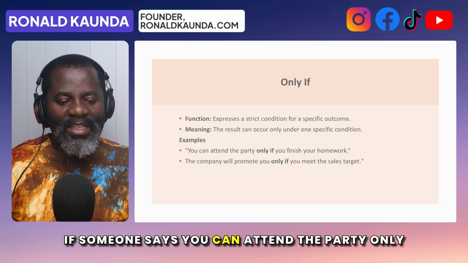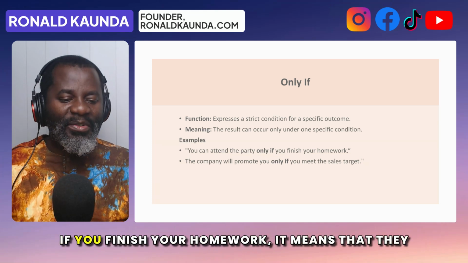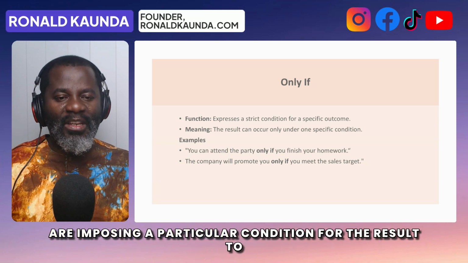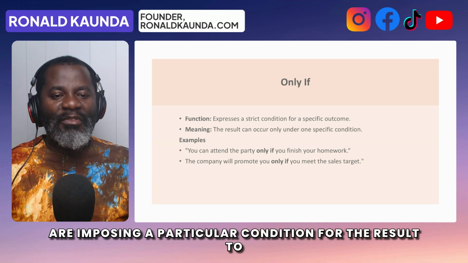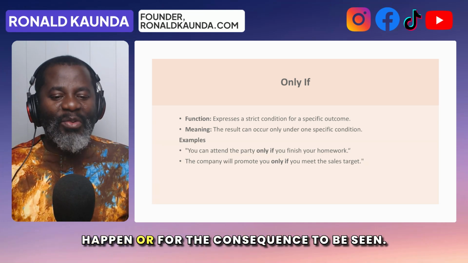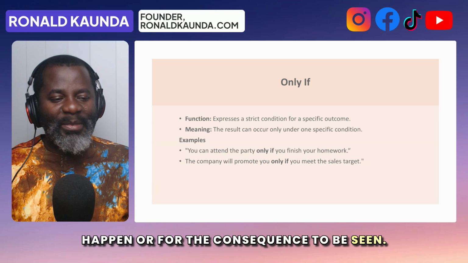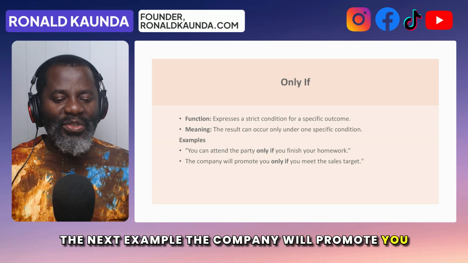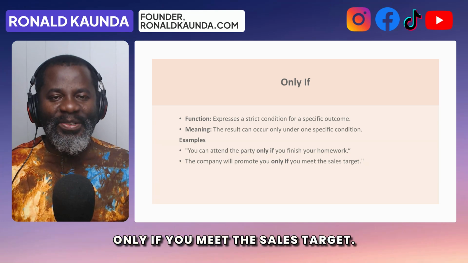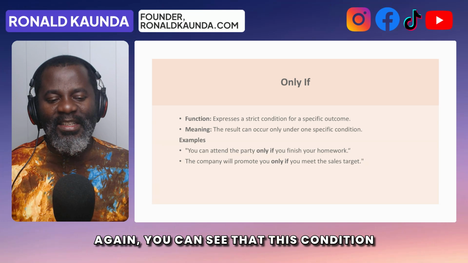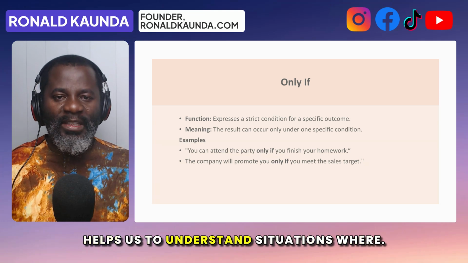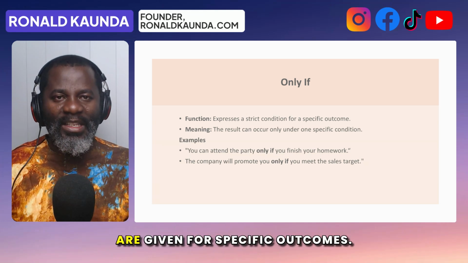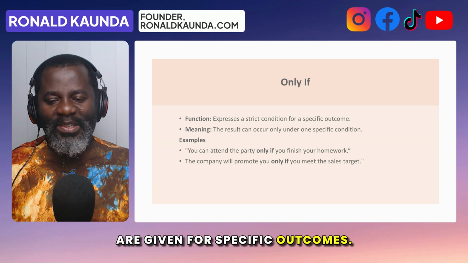If someone says you can attend the party only if you finish your homework, it means that they are imposing a particular condition for the result to happen. The next example, the company will promote you only if you meet the sales target. Again, you can see that this helps us to understand situations where strict conditions are given for specific outcomes.